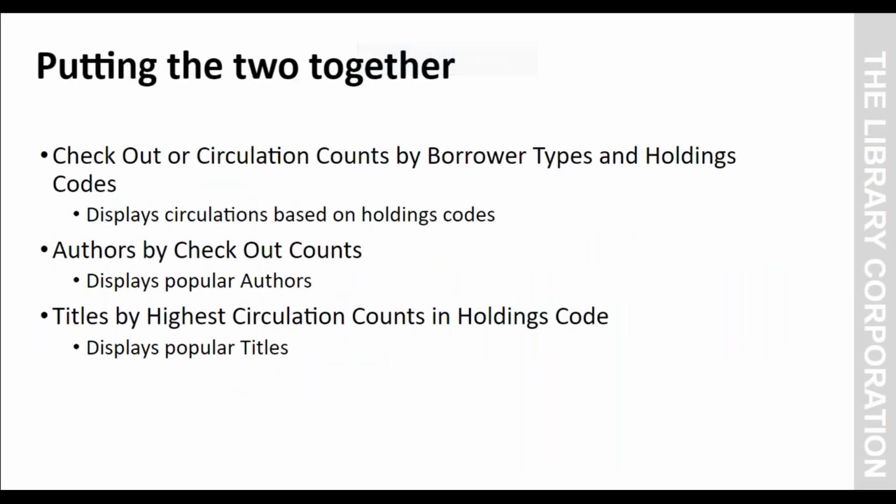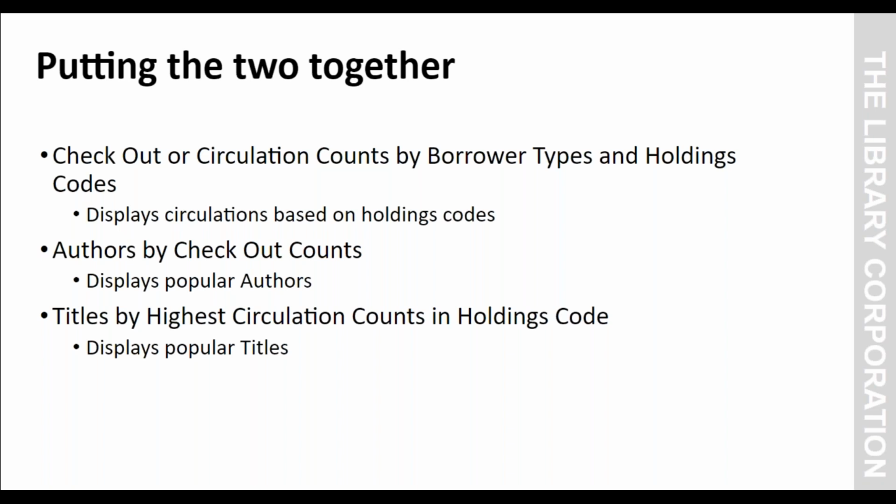And then finally, obviously, your items and your borrowers don't exist on their own, they interact with each other. So if you want to get an idea of who's checking out what, or specifically a particular borrower type that you want to grow, what kind of reports can you run, getting those two fields together.